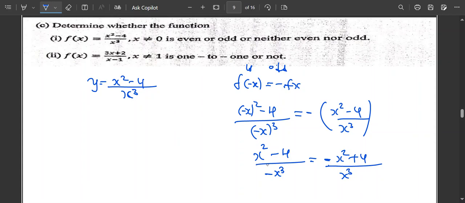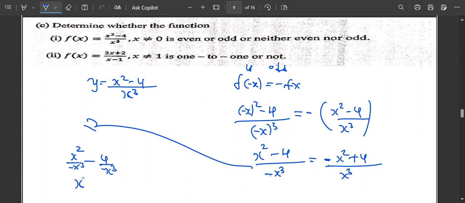So starting here, it's x squared divided by negative x cubed, then minus 4 divided by negative x cubed, which will give us negative x squared over x cubed, then here positive 4 over x cubed.